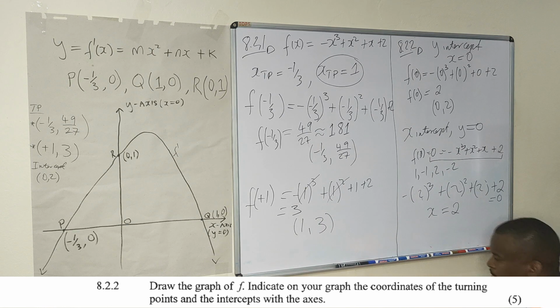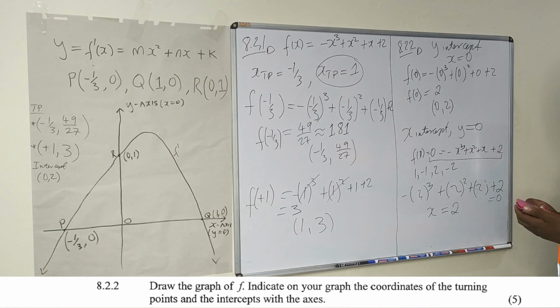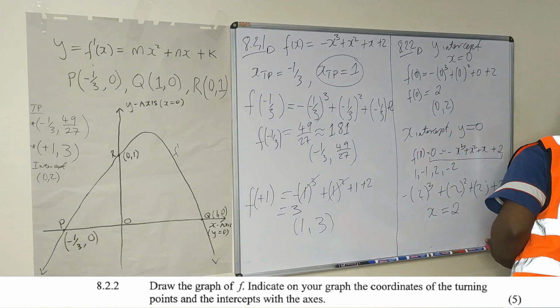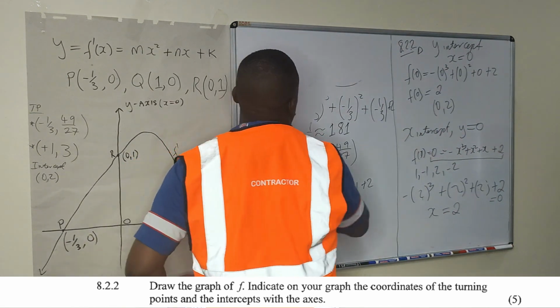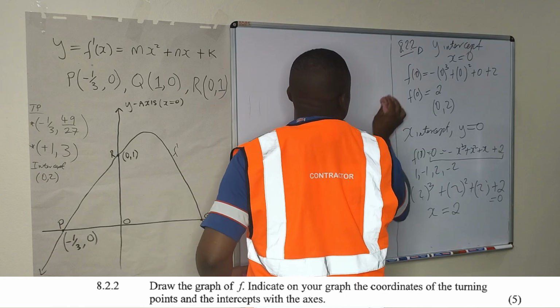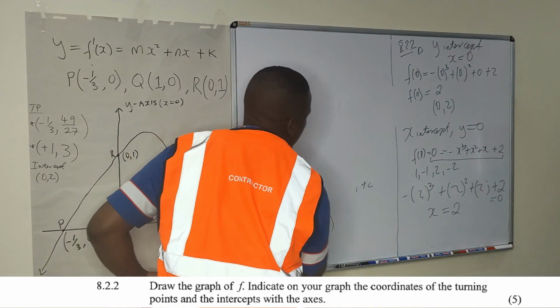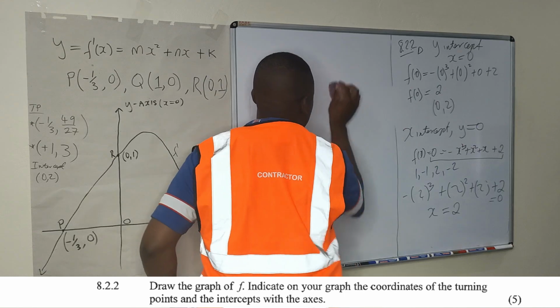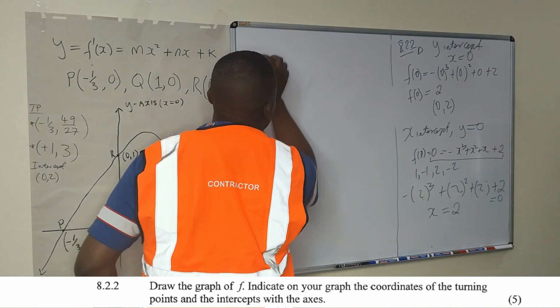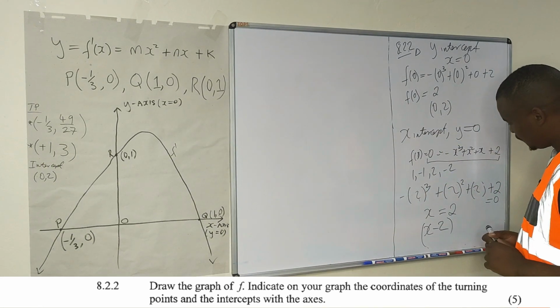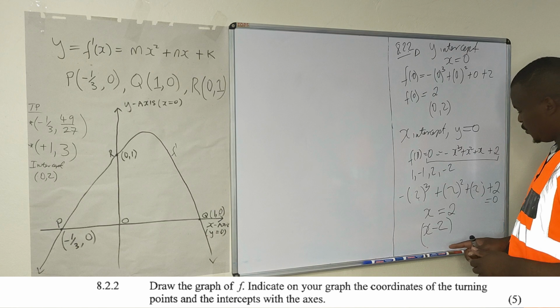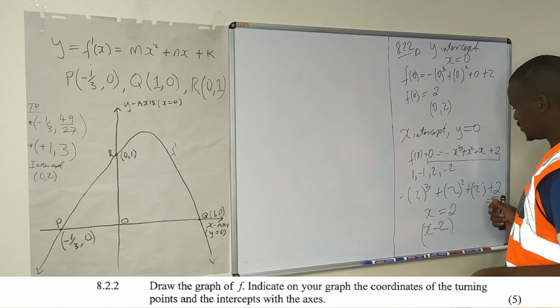Right? So now, we're going to use the long division to factorize this thing. So I'm going to clean this part. So now that we have our factor, we're going to use the long division to factorize this part.